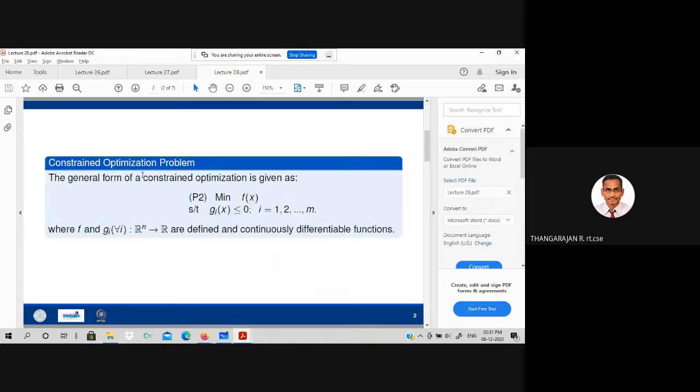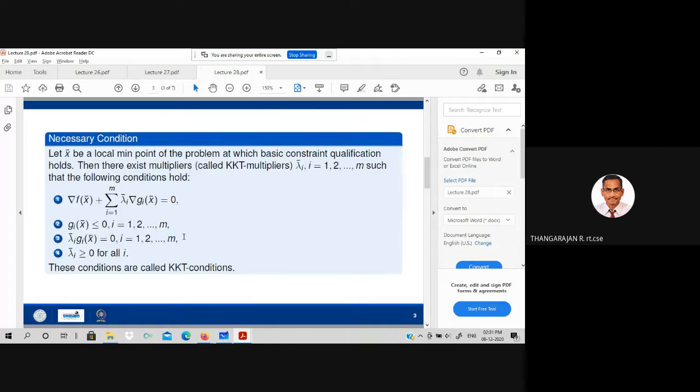Similarly, for the constrained optimization problem, this is what I told you, the Kuhn-Tucker conditions. Provided these Kuhn-Tucker conditions are met, we can find a point x bar, which is a local minimum point of the problem at which the basic constraint qualification holds.